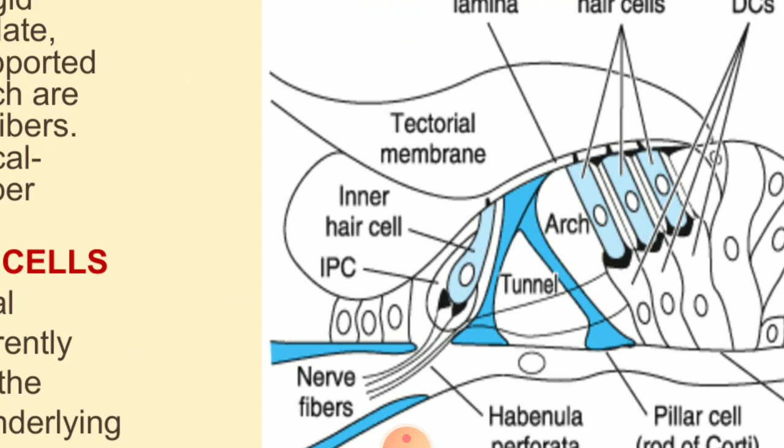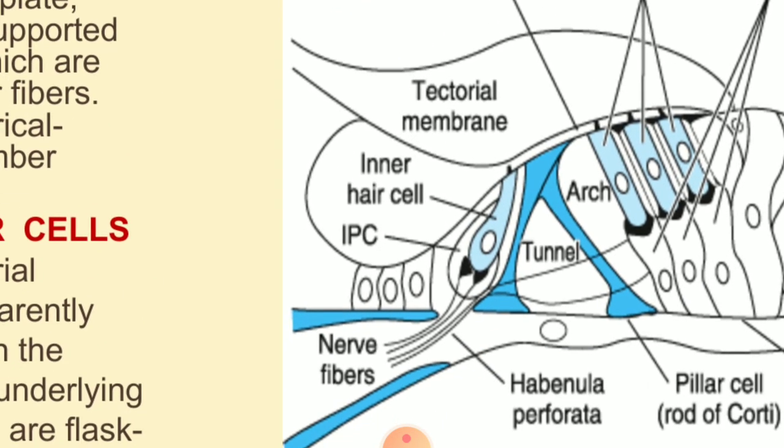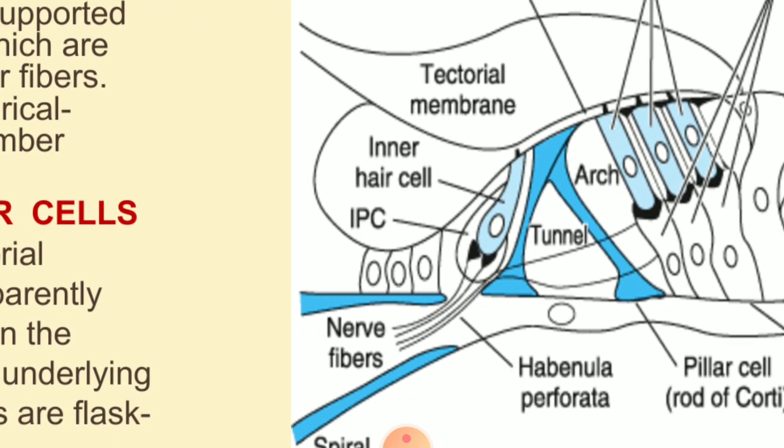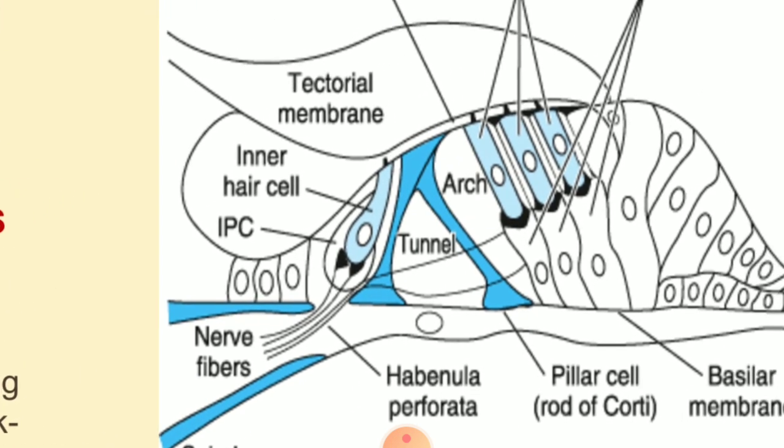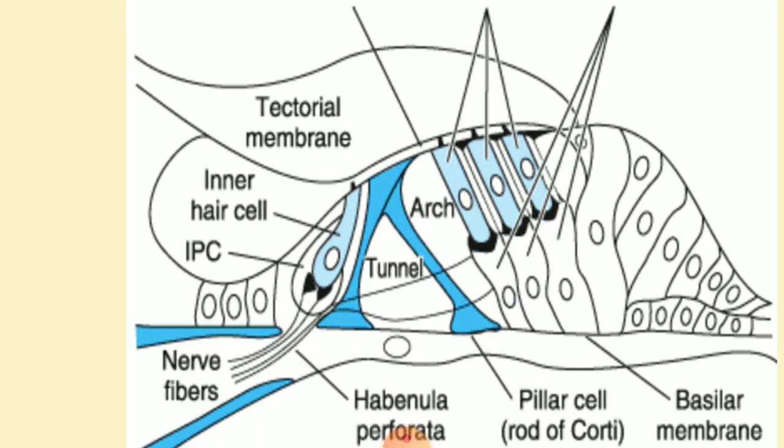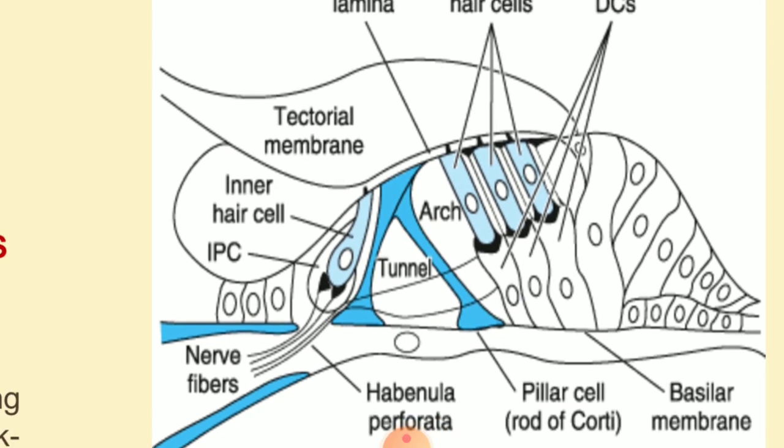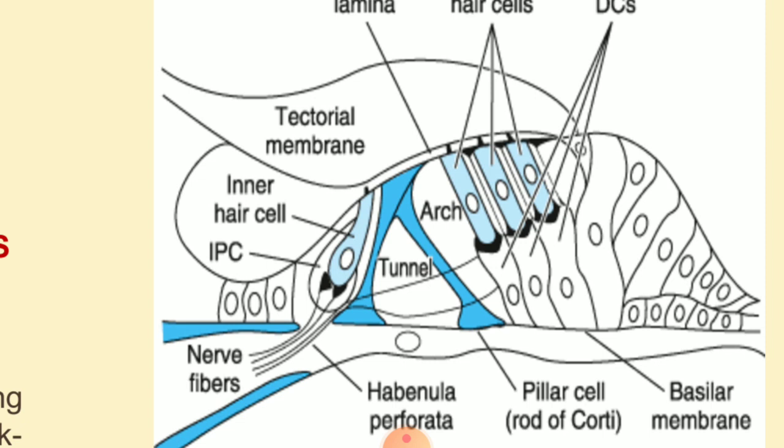Limbus means this medial portion where the tectorial membrane is attached. Now whenever these hair cells move away from the limbus, there is stretching of the tip links, opening up of the potassium channels and entry of potassium within the hair cells.